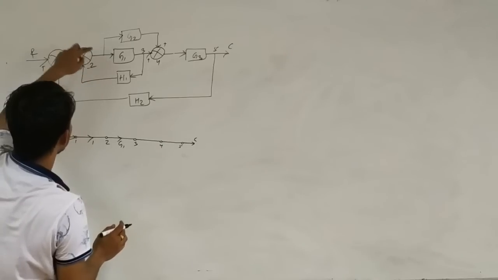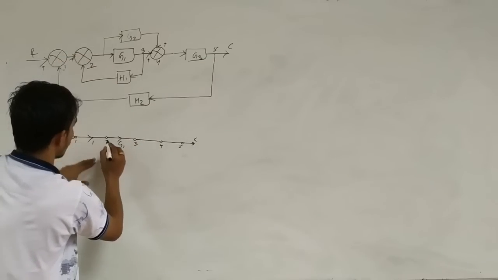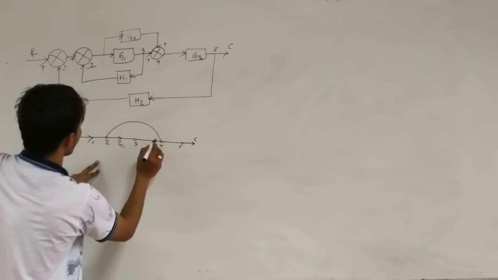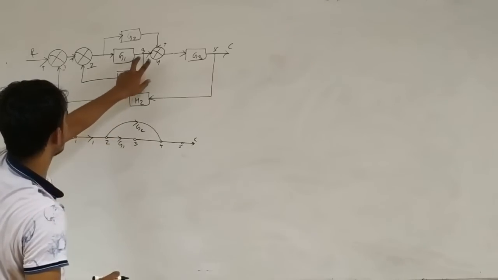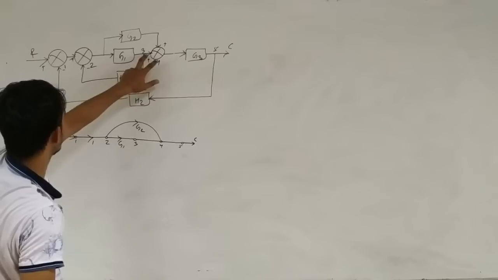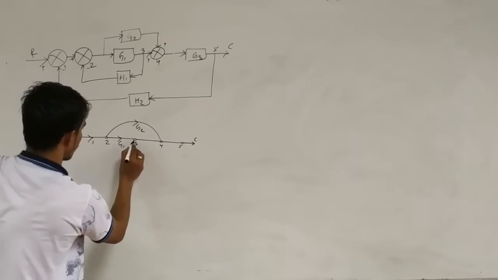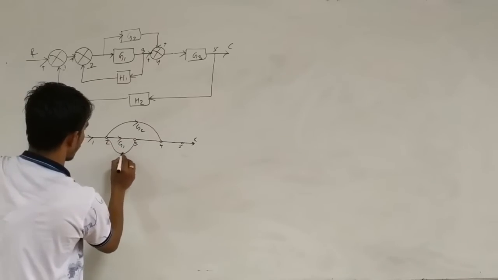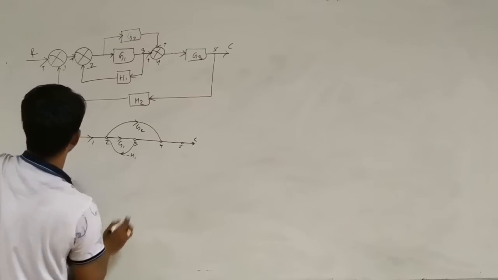Node 2 to 4 there is a forward path, that is G2. And node 3 to node 2, one feedback loop, that is negative feedback, so minus H1.